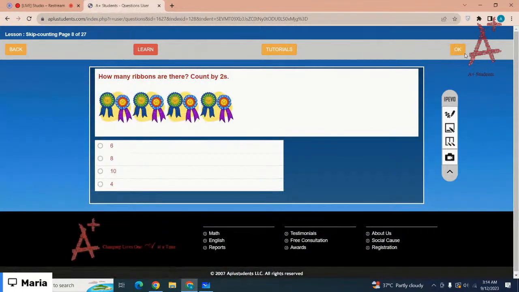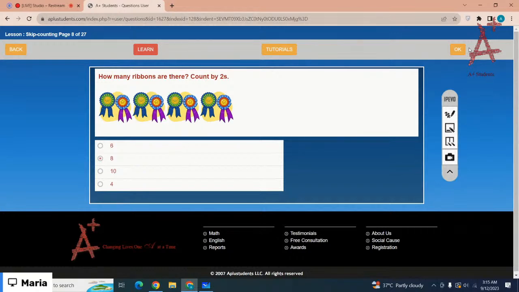How many ribbons are there? Count by twos. Which is the correct option? Yes, there are 2, 4, 6, and very good. There are 8 ribbons.